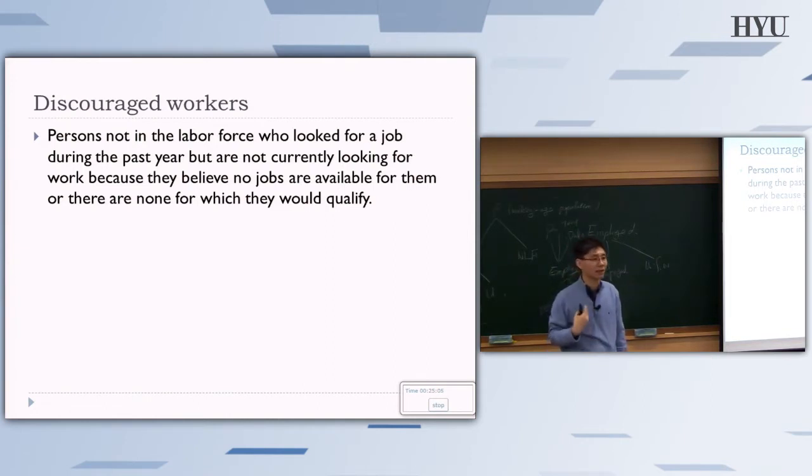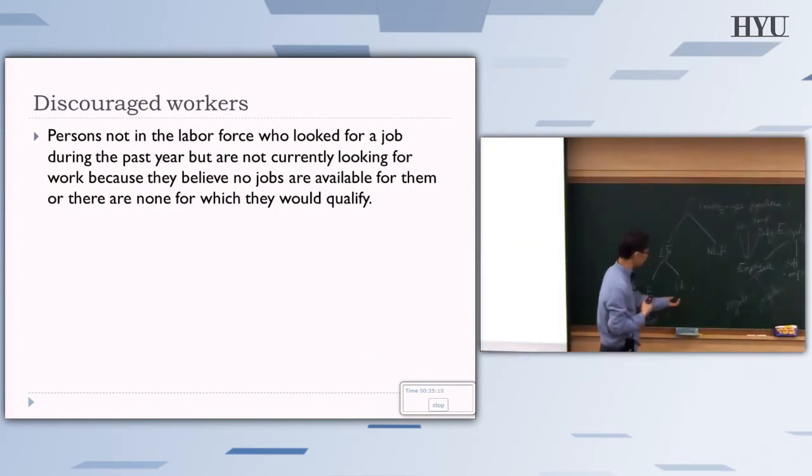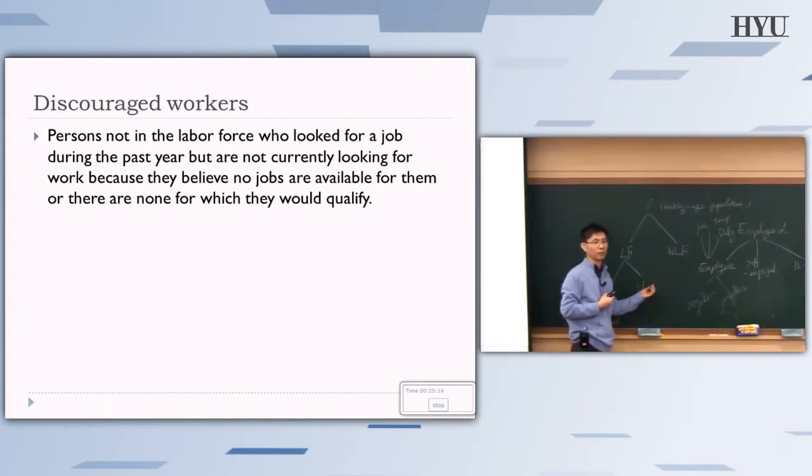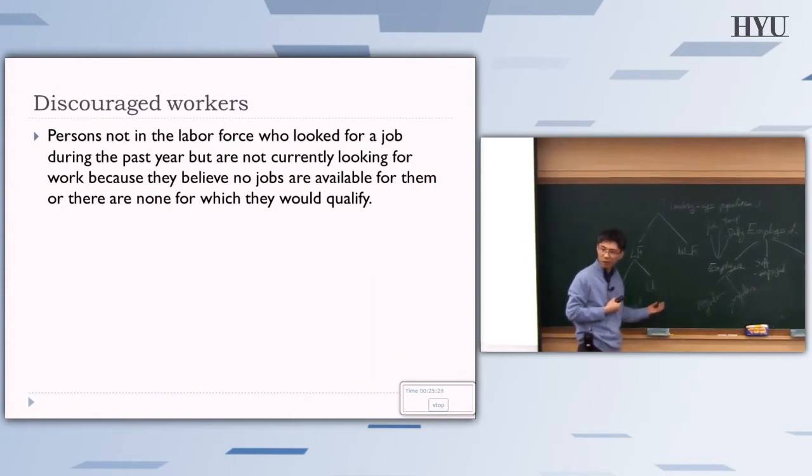So they basically are discouraged from finding a job. That's why we call them discouraged workers. So this is the kind of person who moved from unemployed to not in the labor force, because the person feels there is no job for me out there.